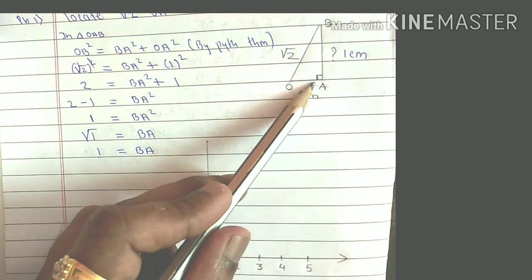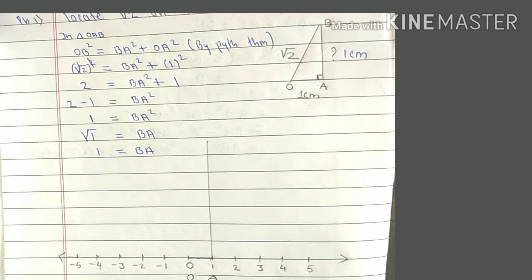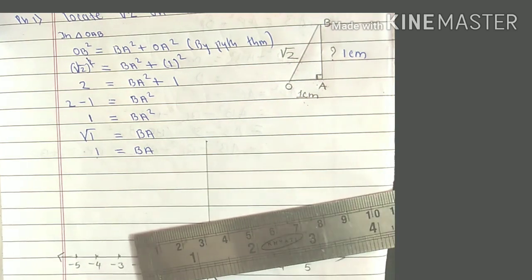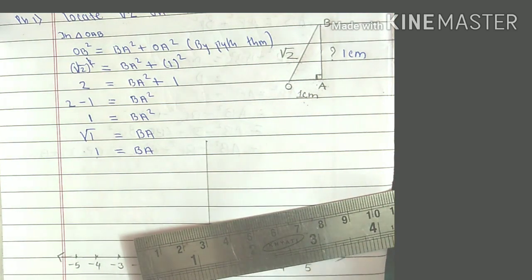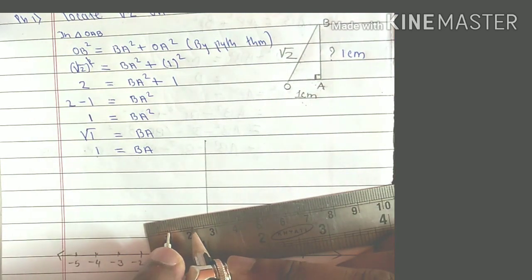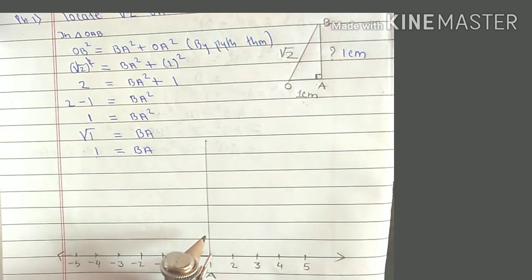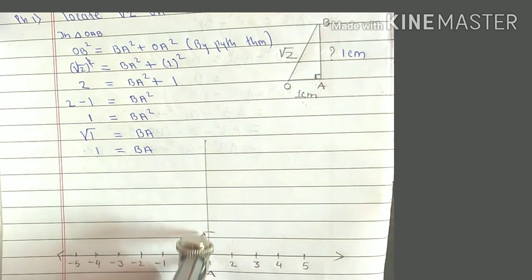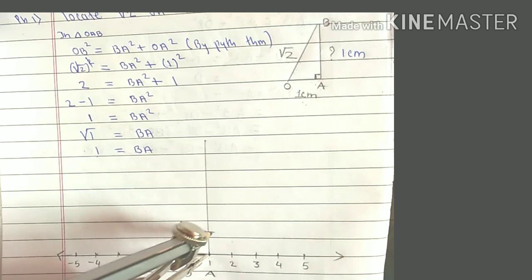Now I know that from A to B it is 1 centimeter. For that, I have to take help of a compass. Measure with the help of your scale 1 centimeter and cut on this line. So with 1 centimeter I am cutting this.